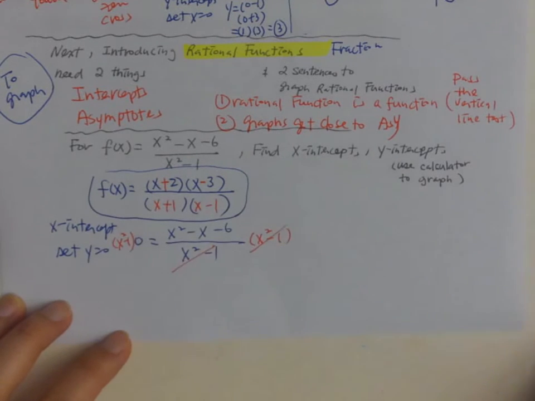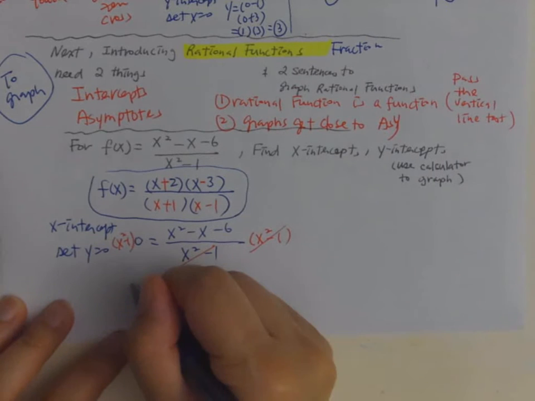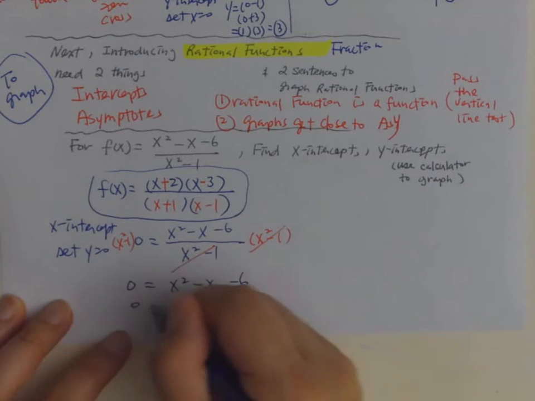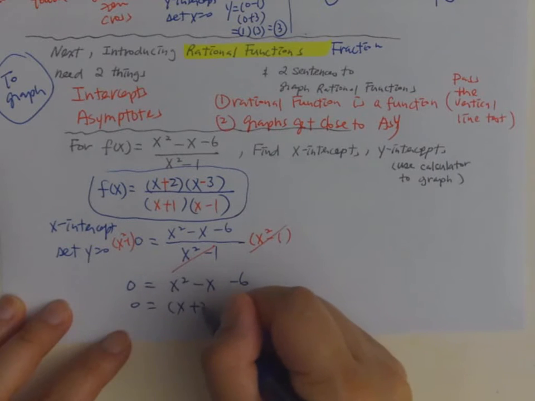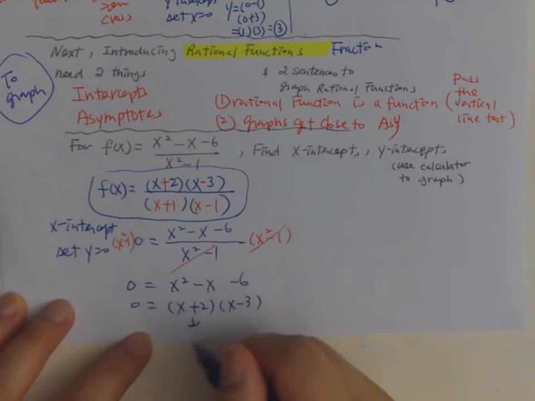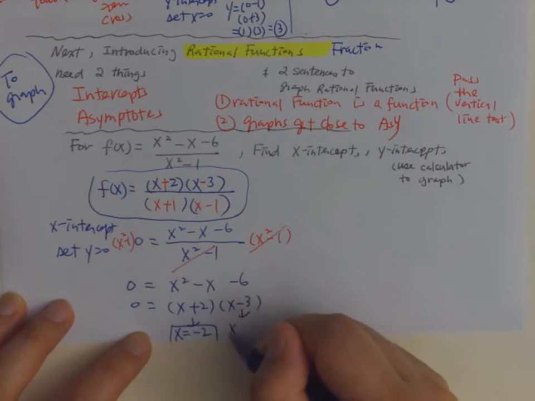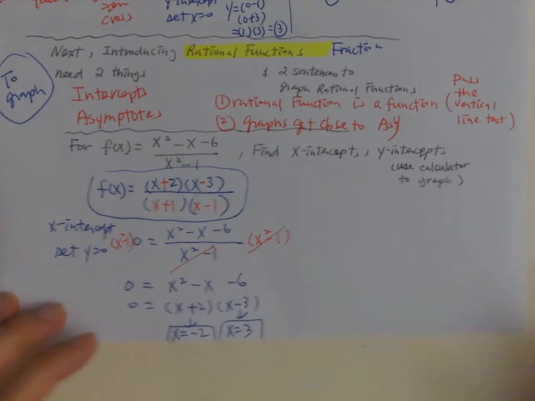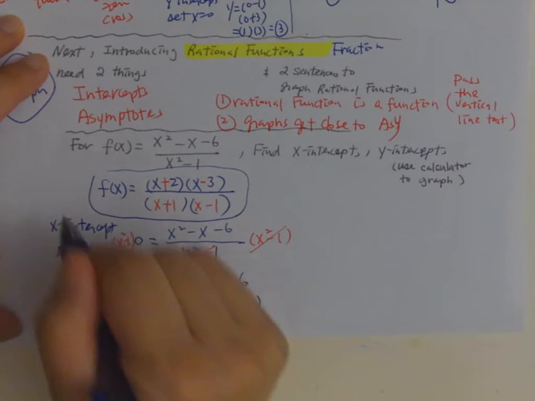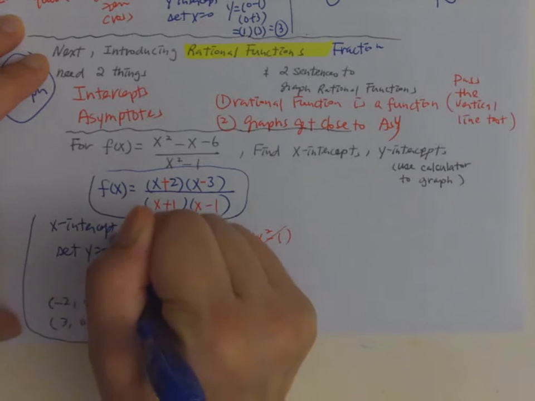So this got cancelled. 0 times anything is 0. So we have 0 equal to x squared minus x minus 6, which we just factor, right? Plus 2, minus 3. So x equals negative 2, x equals positive 3. So we got two x-intercepts: negative 2 comma 0 and 3 comma 0. Those are my x-intercepts, right?